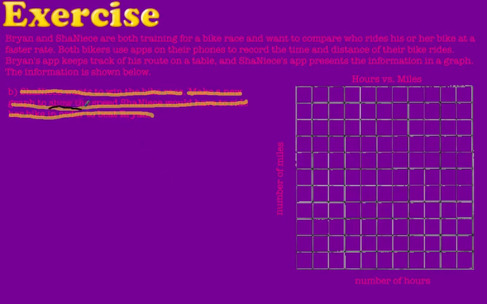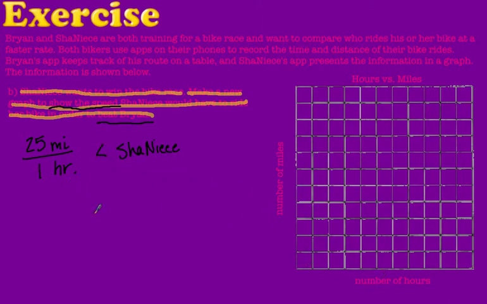So the first thing we need to know is, well, what's Brian's speed? Well, we know that Brian's speed was 25 miles in 1 hour. So her speed has to be greater than that. So in 1 hour, she needs to go more than 25 miles.